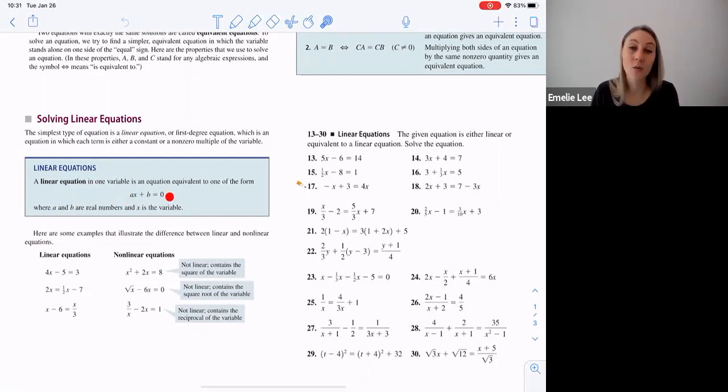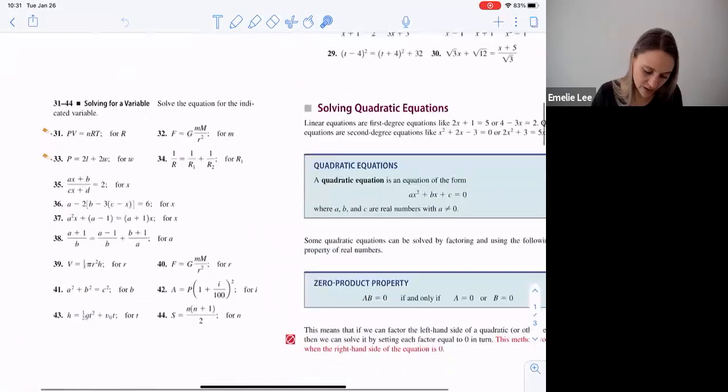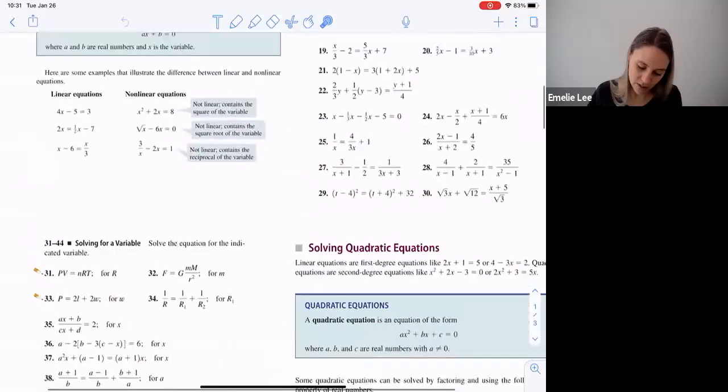In y equals mx plus b, you could subtract the y over and have it equal to 0, so that's fine. What I want to do is start down here and work through just a couple of these equations, just being able to solve for a variable, to get warmed up.